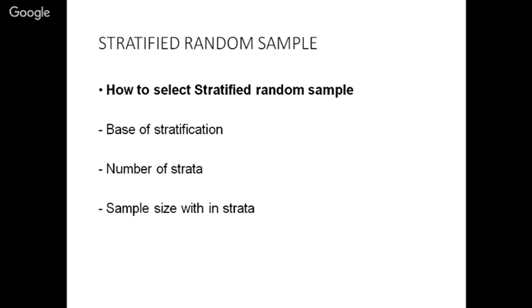So the number of students selected from each stratum will be, first, for mechanical engineering students, that are 3,000: 3,000 students divided by the total population, multiplied by the required sample size. 3,000 divided by 15,000 multiplied by the required sample size by the researcher.